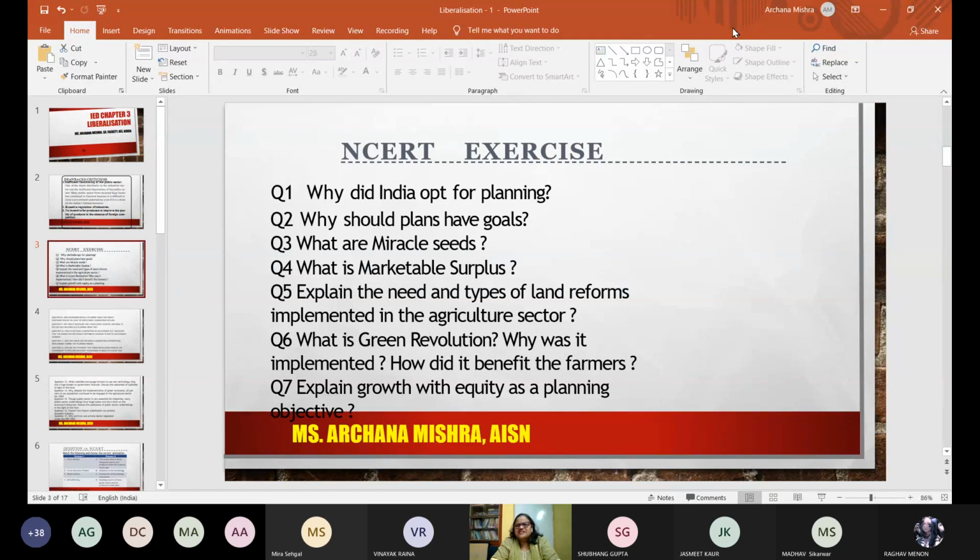Now, why should plans have goals? So we have planned the goals of modernization, equity, self-reliance, and growth, so that we contribute the sectoral contribution to GDP, so that our resources are optimally utilized. So plans should have goals so that the gaps between the haves and have-nots is narrowed down.